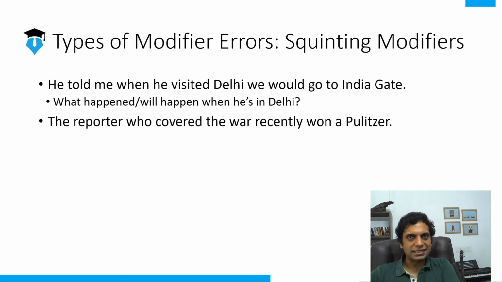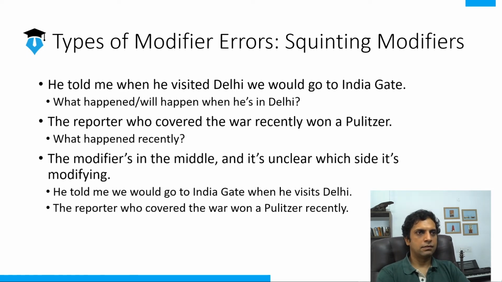So, did the prize happen recently, or was it a recent war? How do you correct this? Again, by adding more information, by giving the context, and by moving the modifier closer to one possible focus than another.